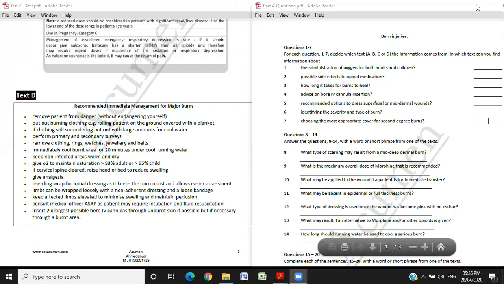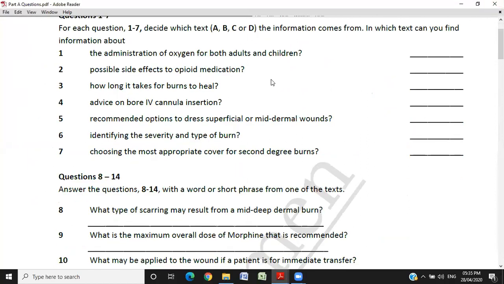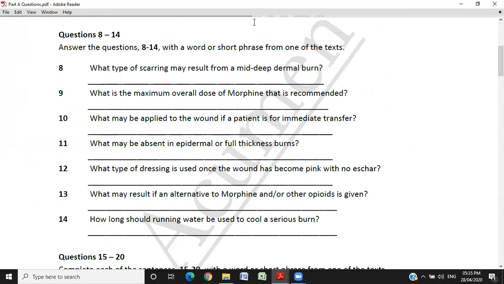For a moment, we will keep this text aside because we are right now focusing on scanning. The second set of questions that you will have in reading part A could be either short answer questions or gap fill, fill in the blanks.